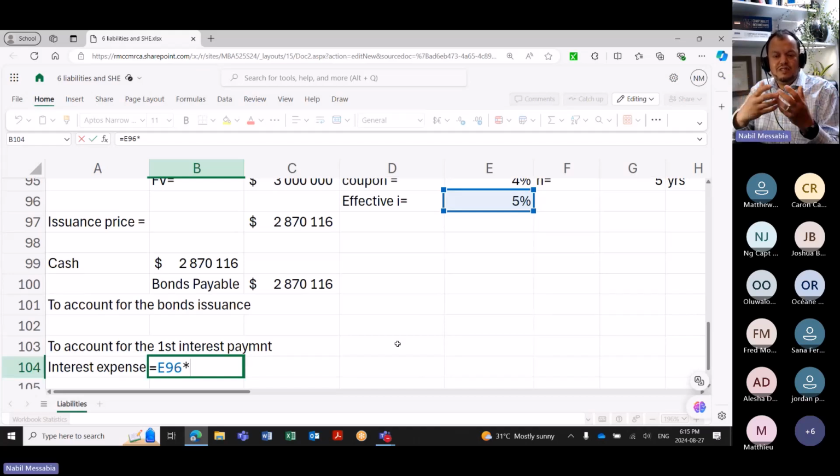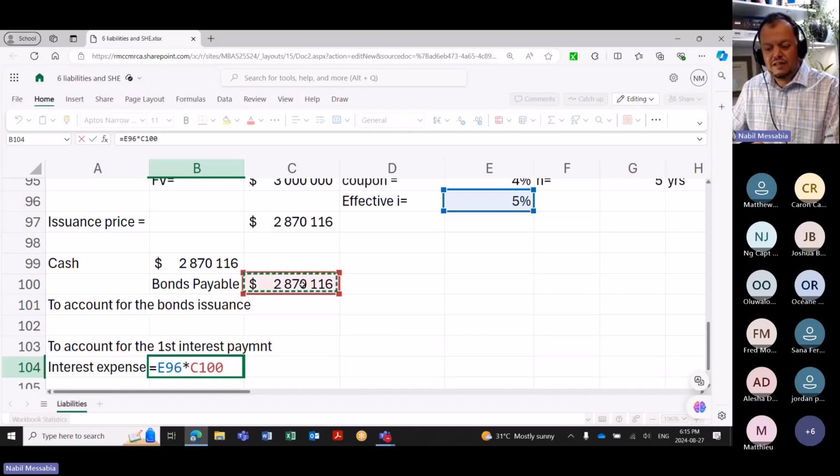On our books, what is the carrying value of the bond? Is it the 3 million? 3 million is the maturity day, the face value. In our books, these bonds are accounted for at which amount? Yeah, the 2,870,000, the issuance price. At the first day, that is the account value.